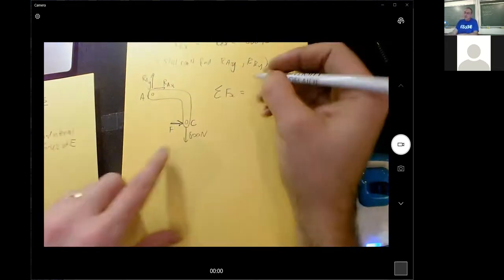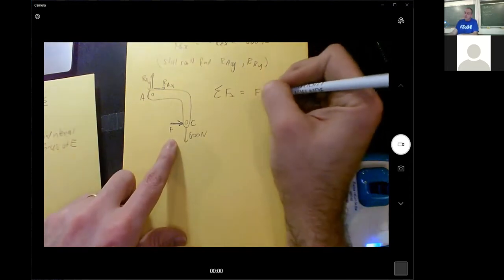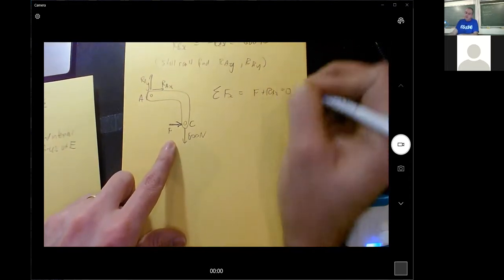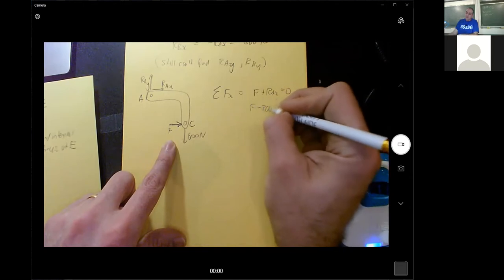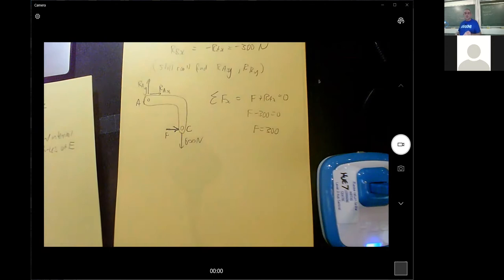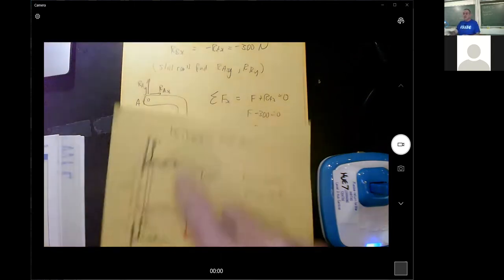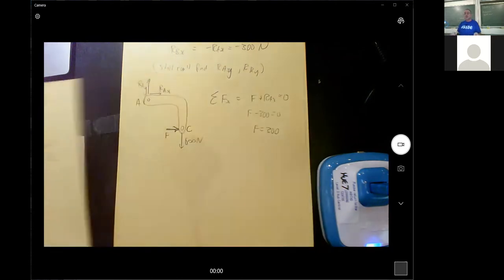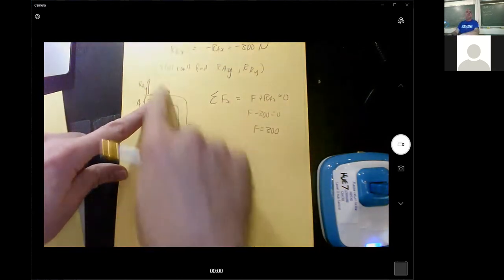Just F. Yeah, this is the force of this member pulling on this thing. But it does have to match this one.